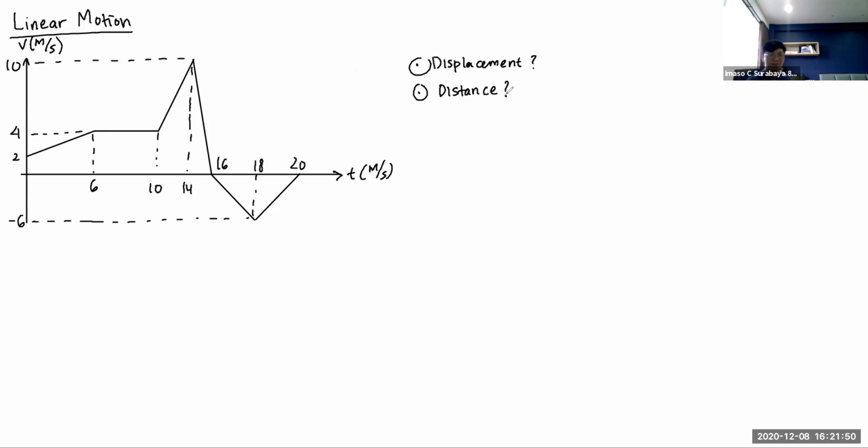What is the displacement and distance of this motion?